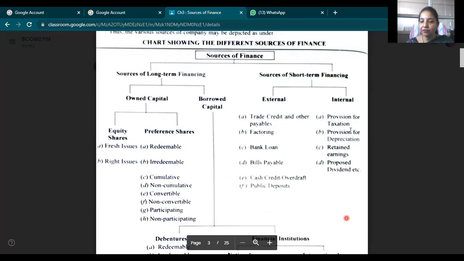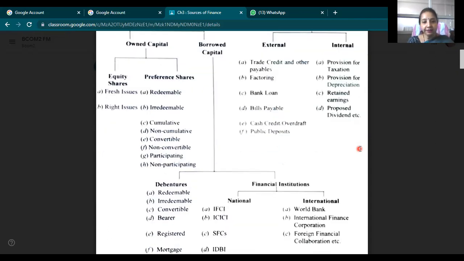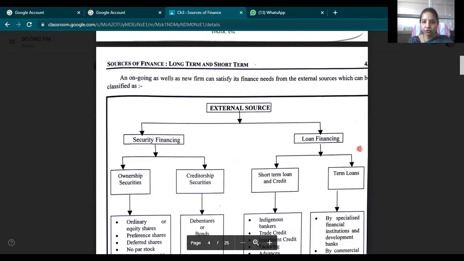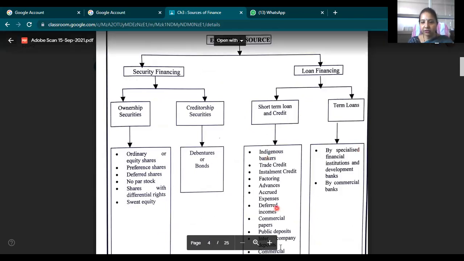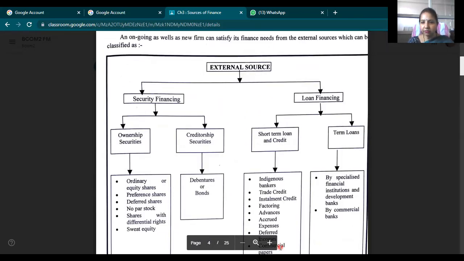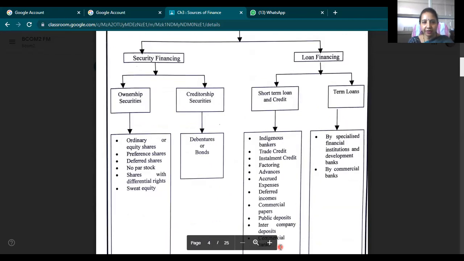Internal: provision for taxation, provision for depreciation, that means all the funds we take from our profits, keeping aside some of the amount and retaining some earnings to use as finance for my next ventures. We have discussed these external sources the same way, so these are some of the external and internal sources which you can go through.